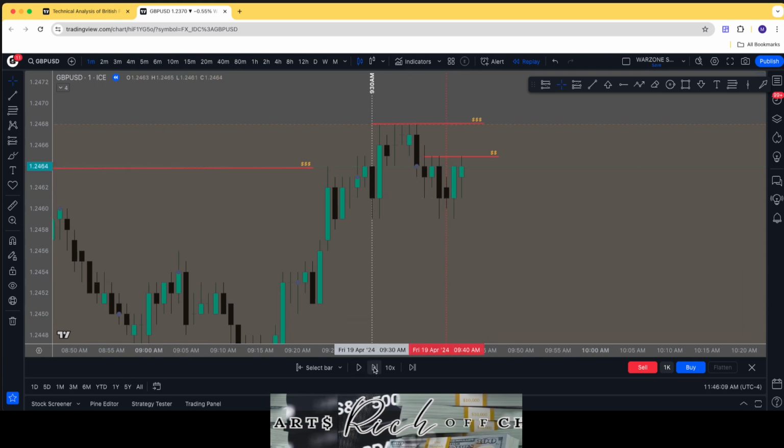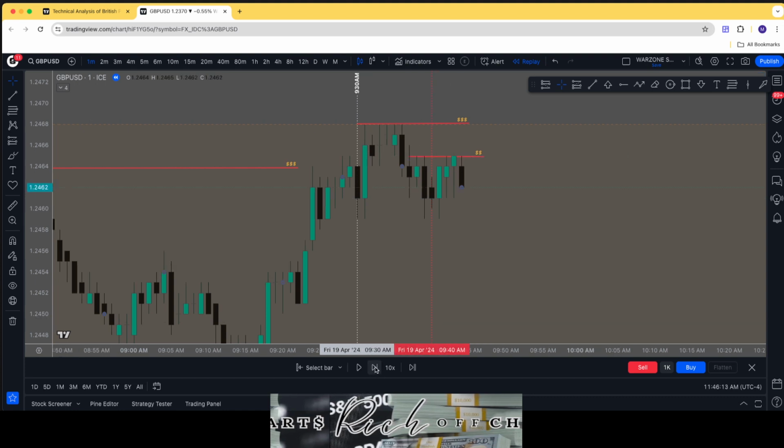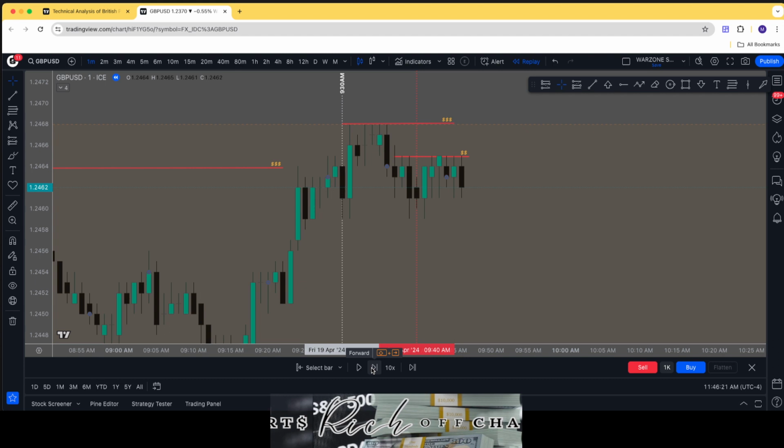We see how price continues to respect this level. All right, we tap back into it. All right, so you see how we continue. Look at how many times we tap this price and we don't want to go beyond it. That's a red flag for me.